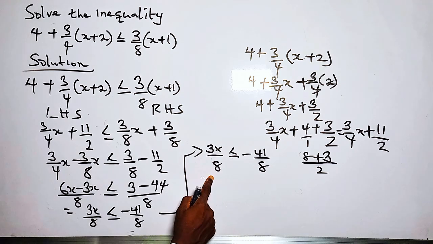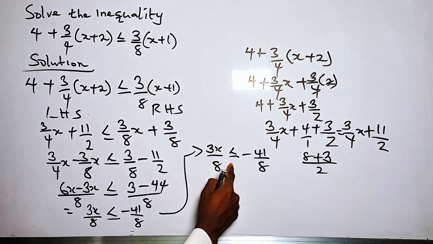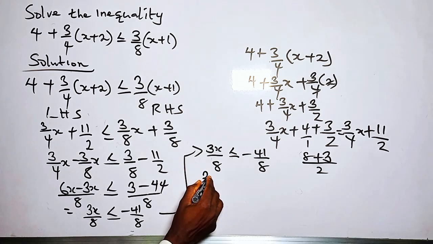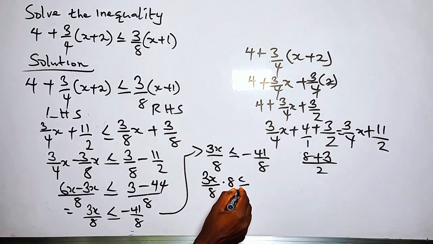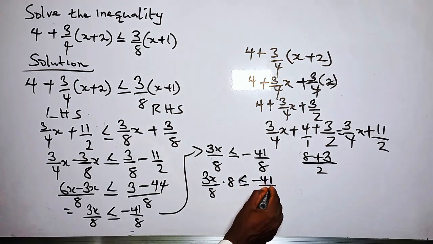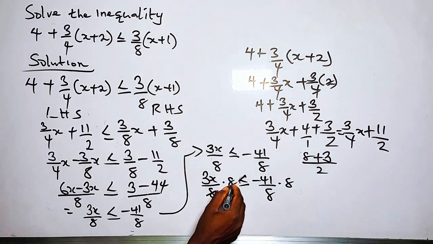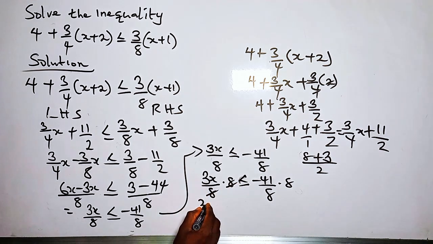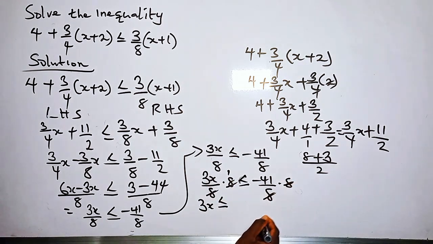Since they have a common denominator, we can multiply both sides by 8. So we have 3x over 8 times 8, less than or equal to minus 41 over 8 times 8. Here we can simplify: 8 cancels 8, so we have 3x times 1, which is 3x, less than or equal to minus 41.